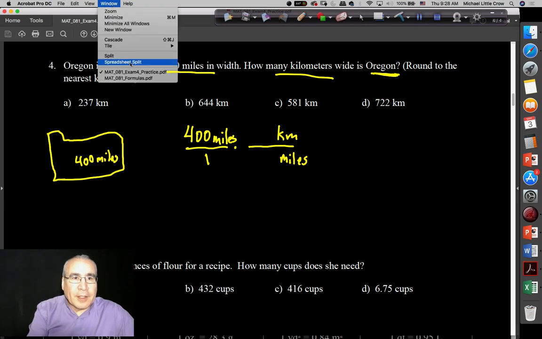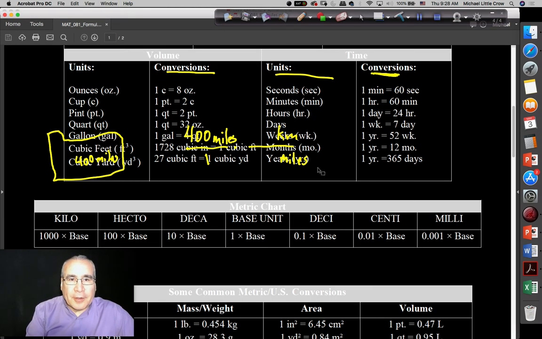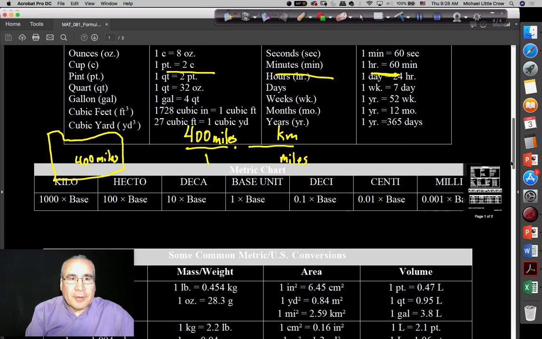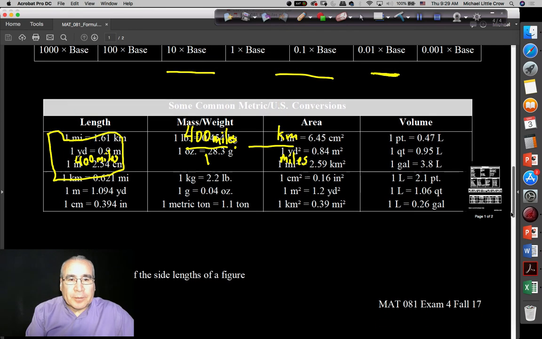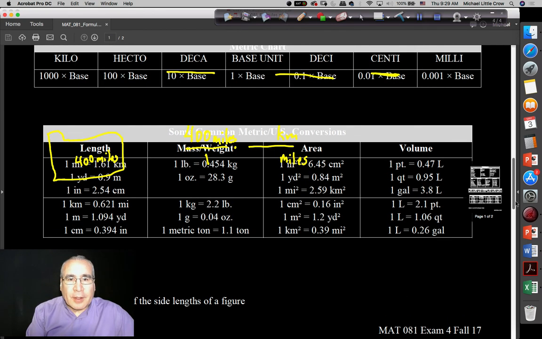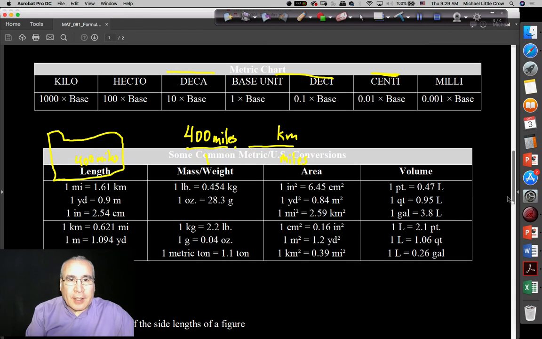This window is here. Formulas. And the part of the formulas I'm going to look for, it's down here, some metric conversion. That 1 mile, see this one, 1 mile equals 1.61 kilometers. That's the conversion I'm going to want.